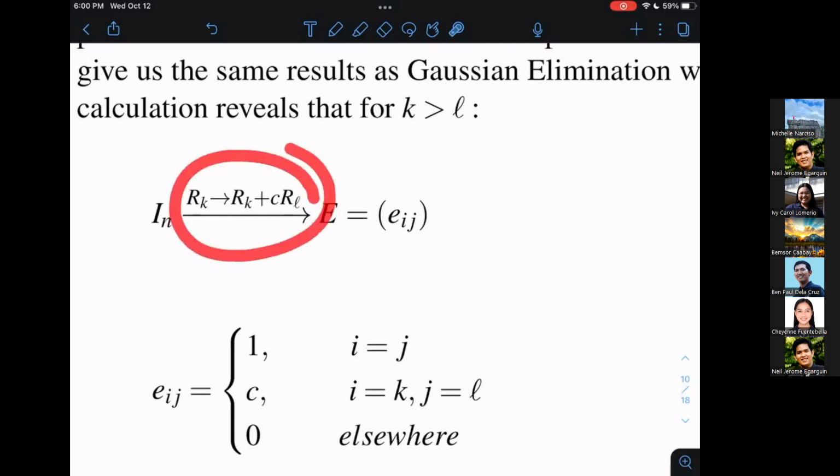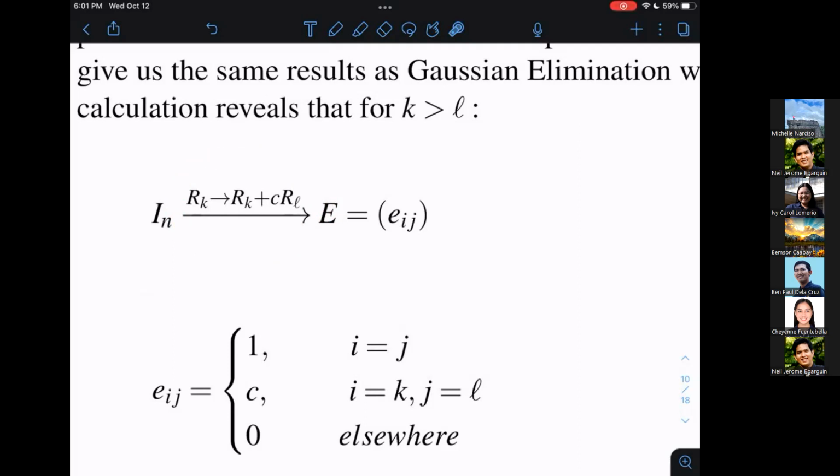So you have to determine ano dapat yung gagawin mong row operation at ano yung itsura ng actual matrix na makukuha natin. Now, this remark is telling me that the row operations that we'll be using will all have diagonal entries 1. Tapos meron na lang siyang isang non-zero entry doon sa ibang position, or at least exactly one non-zero entry. Kasi yun yung magiging itsura ng elementary row matrix.